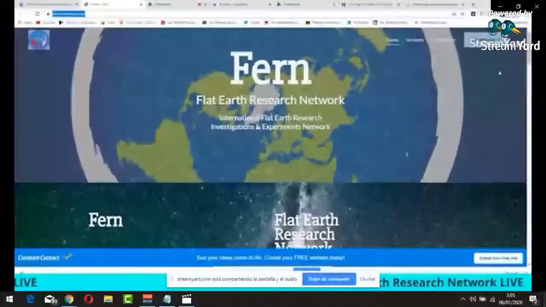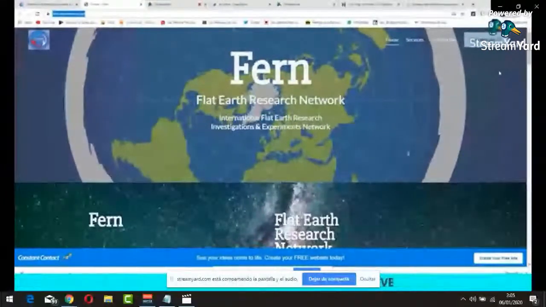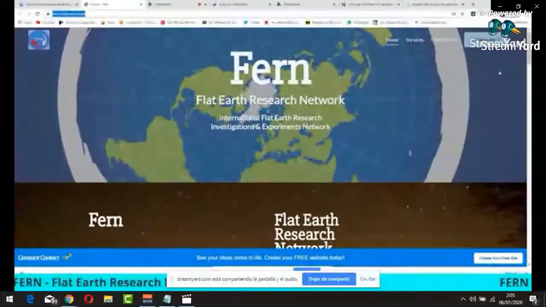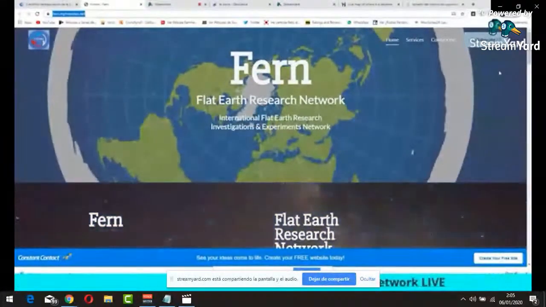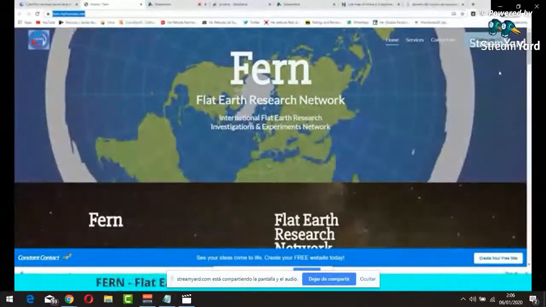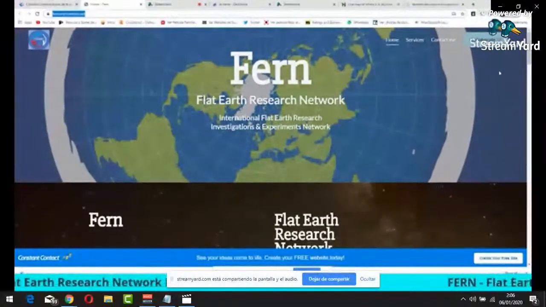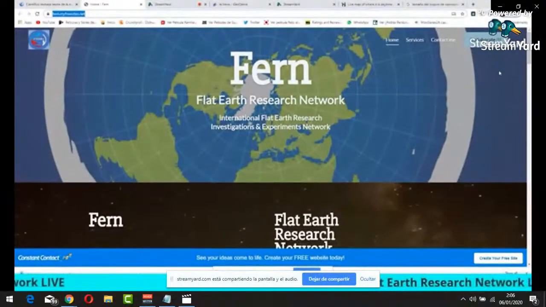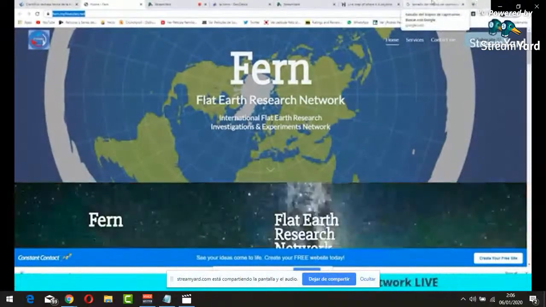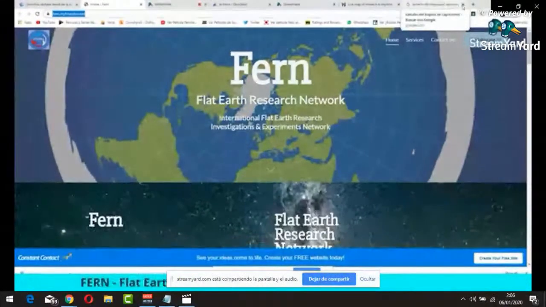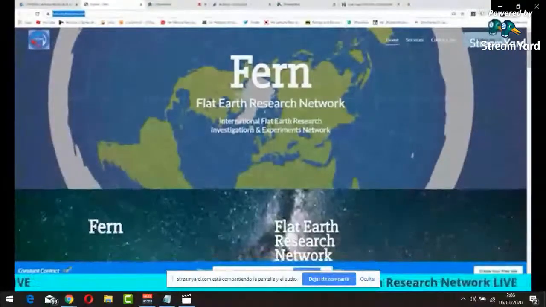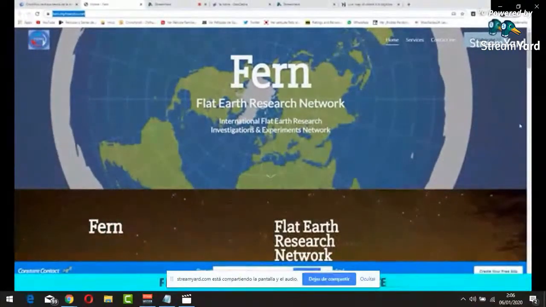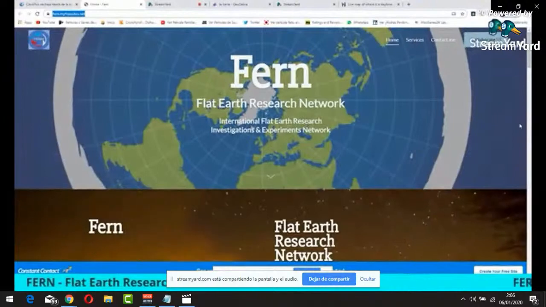And the other ones would be taking calculations from the equator about magnetism and light, and trying to debunk the Coriolis effect. Then other projects would be professional instruments to construct a flat earth map and model. And also in our pipeline would be a trip to Antarctica to gather data and study stars. So there are many projects which we are lining up in Fern.